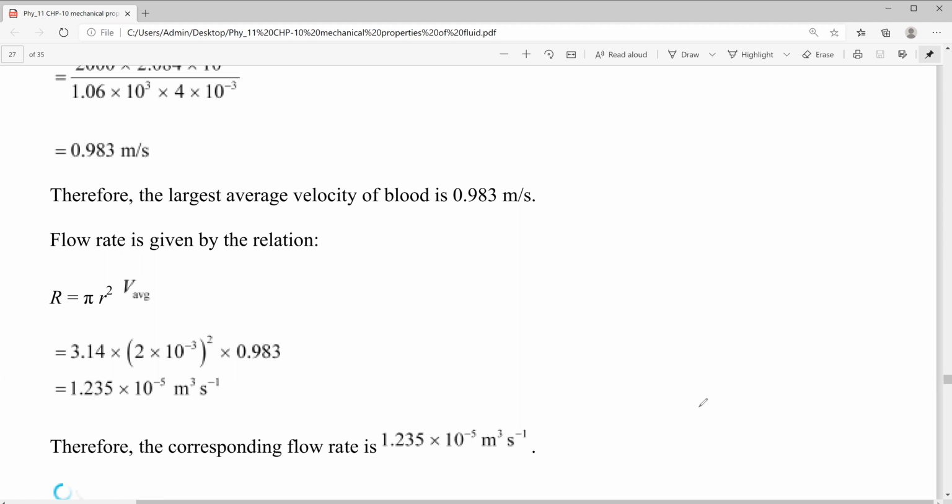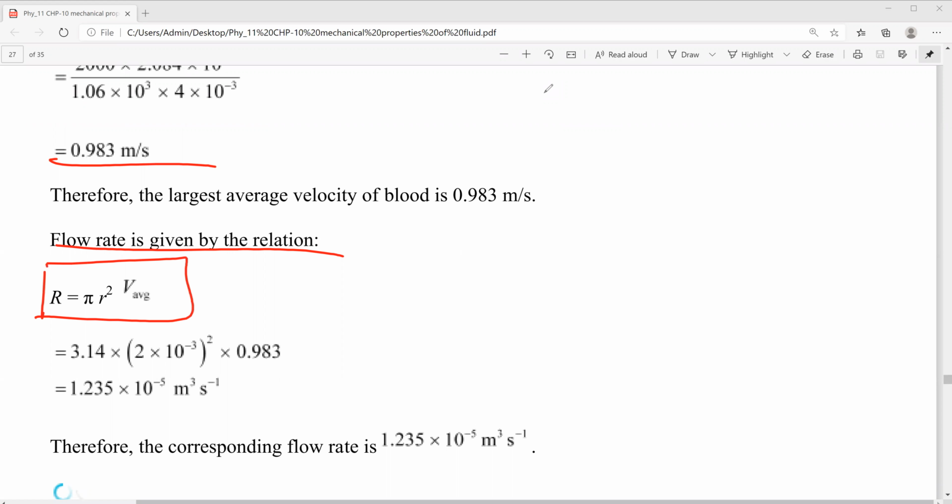Therefore, the average velocity we got is 0.983 meter per second. Flow rate is given by the relation R is equal to pi r square into average velocity. Pi value is constant, that is 3.142. Radius value is 2 into 10 to the power of minus 3, whole square. And the average velocity we got is 0.983.